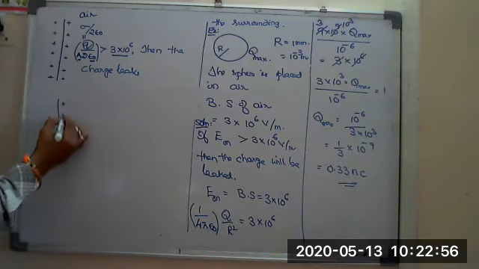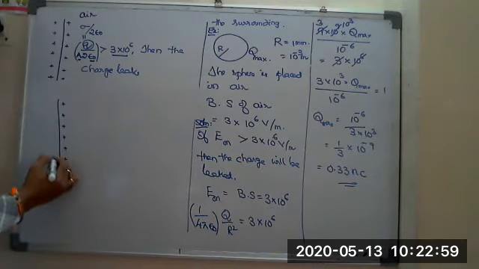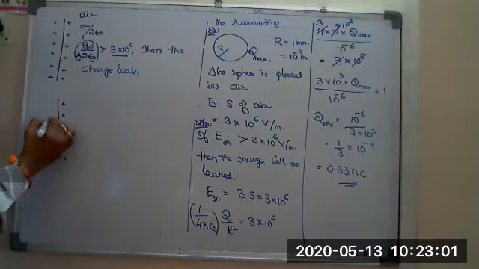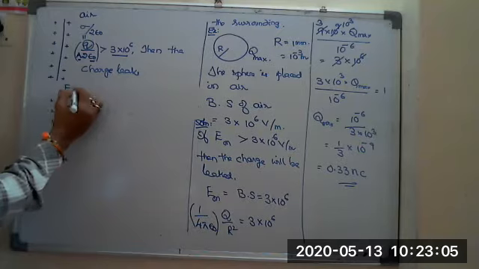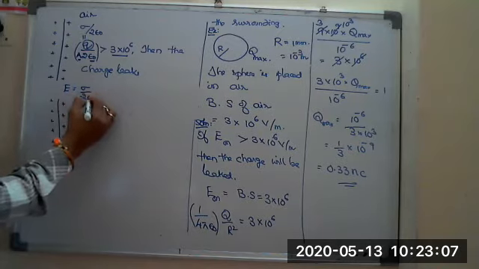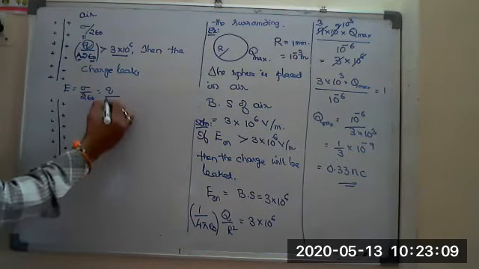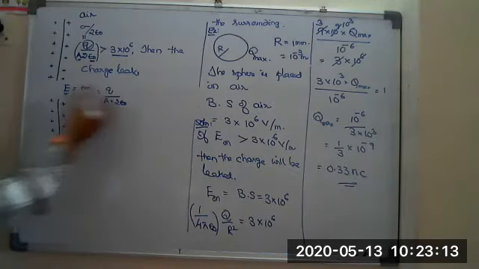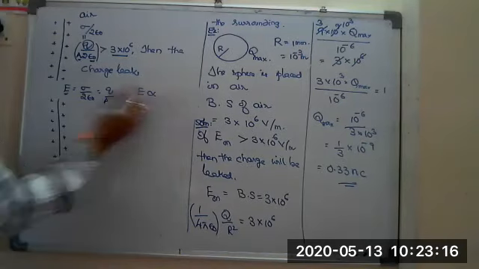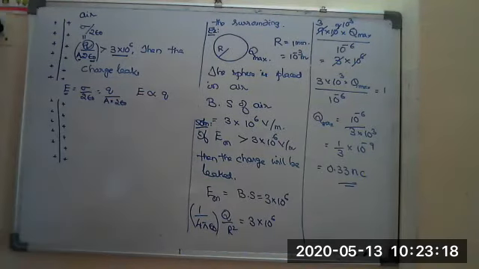By giving the charge to it, what disadvantage did we find? The field intensity, E is equal to sigma by 2 epsilon naught, which is Q by A into 2 epsilon naught. This is directly dependent on the charge.